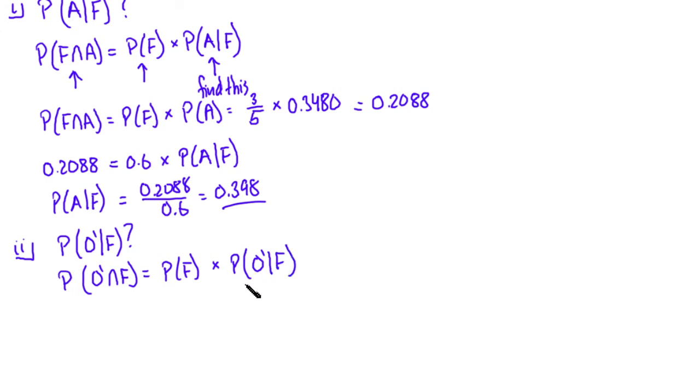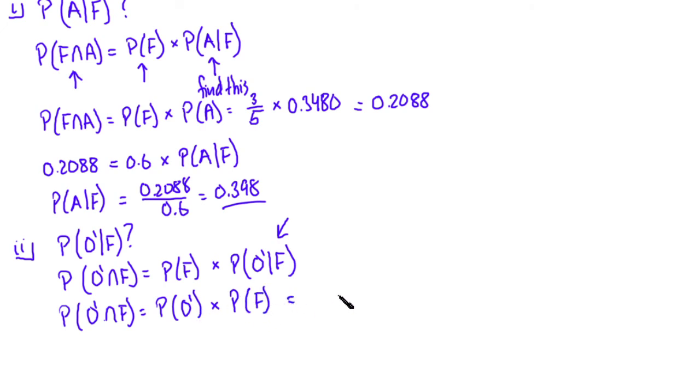Just like before, we need to know the probability of a student being female, which we have up here, 3/5 or 0.6. And then we need the probability of not having blood type O and being female. This is simply the probability of not having blood type O times the probability of being female.